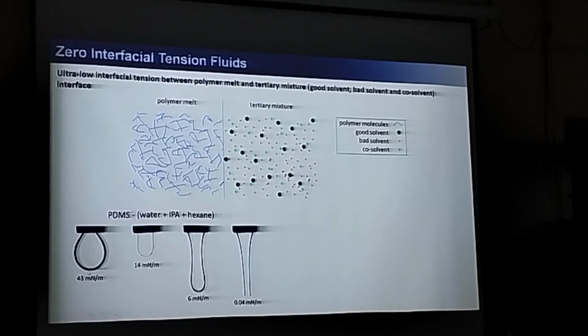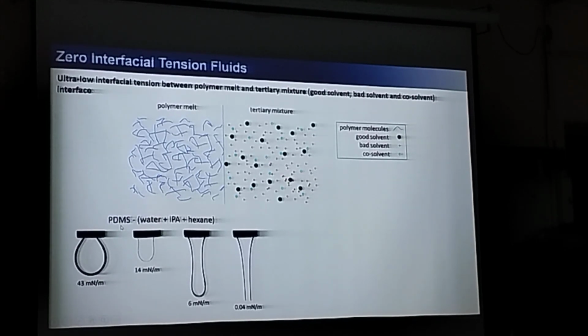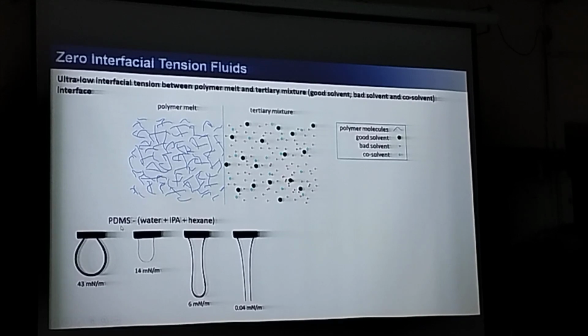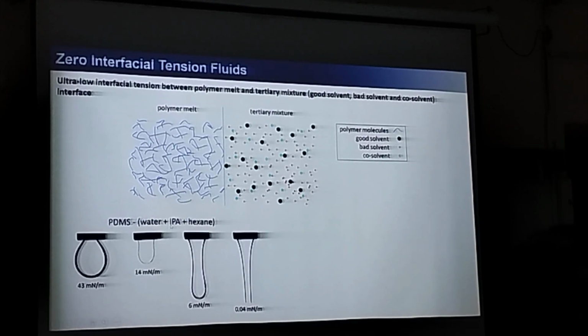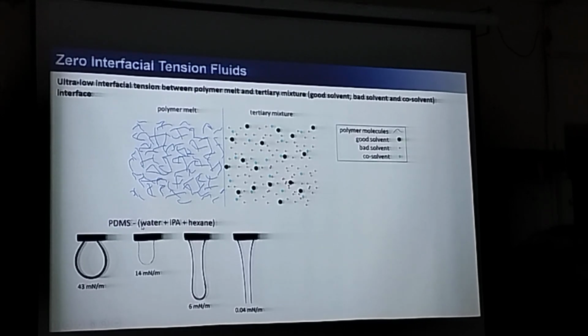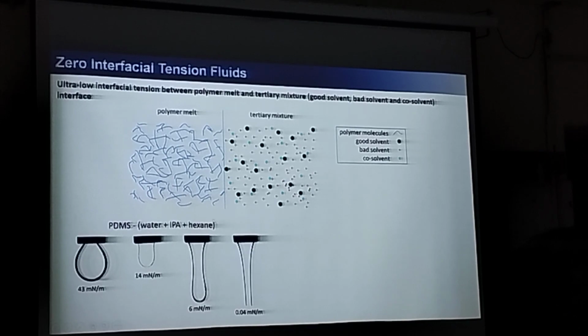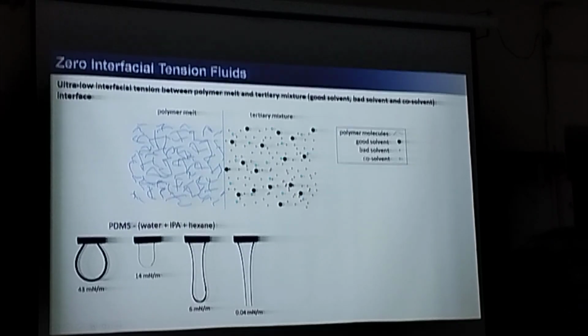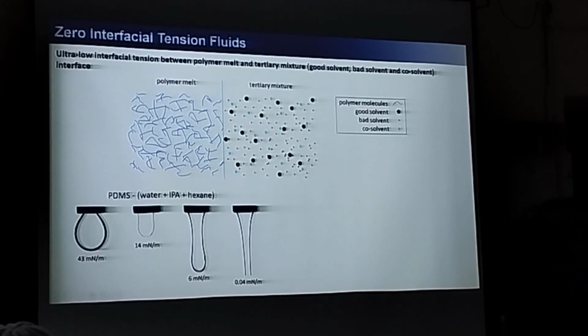Normally the spherical shape of the drop is because of the high interfacial tension. Right now this polymer is PDMS, very common polydimethylsiloxane, or in simple words, silicone oil. And what we have taken, water is a bad solvent of silicone oil, IPA is a co-solvent, and hexane is a good solvent. Now the job of the IPA is to bring the water and hexane together and still give a uniform composition.